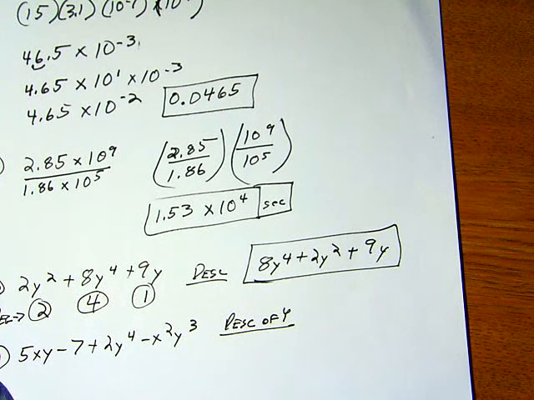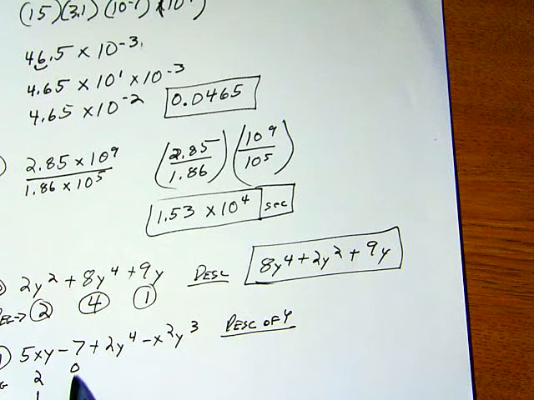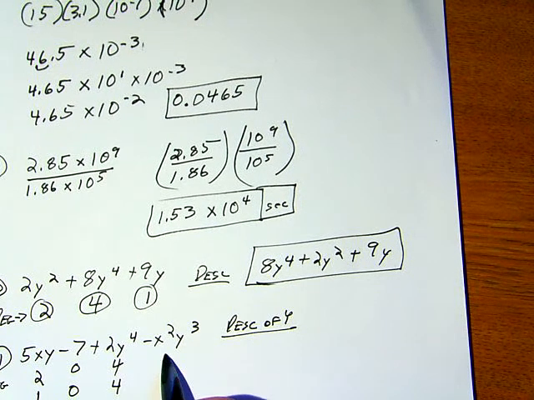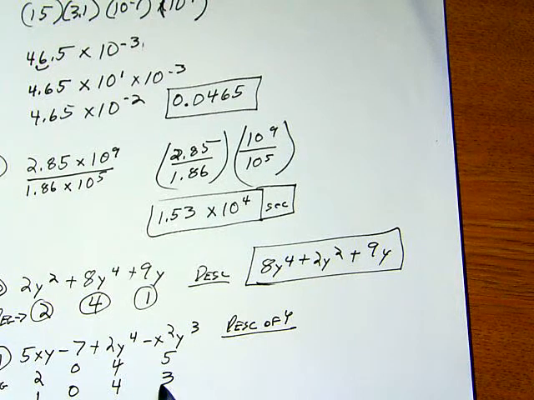So let's do the degree and then the y degree, just for practice. The degree of this guy is 2. There's 2 exponents there, but the y is only one of them. The degree of this guy is 0 and 0. The degree of this guy is 4, and all 4 of them come from y. The degree of this guy is 5. 3 of them come from y.